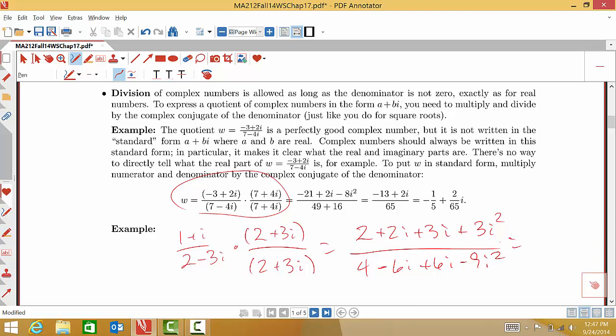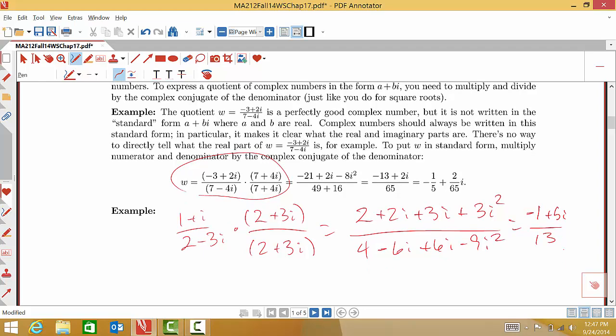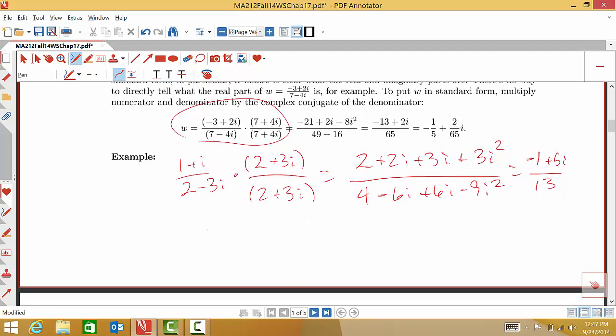On the top, I end up with what? Remember that this is now negative 3, so I'll end up with negative 1 plus 5i. On the bottom, my imaginary parts cancel. I get 13. So this ends up being negative 1 over 13 plus 5 over 13 i.